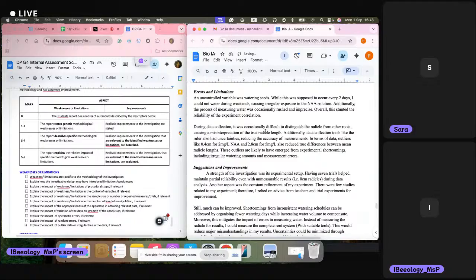Additionally, the process of watering was occasionally rushed and imprecise. So meaning that you have deviated from the plan to control. During data collection, it was occasionally difficult to distinguish the radicle from the root, causing misinterpretation of the true radicle length.